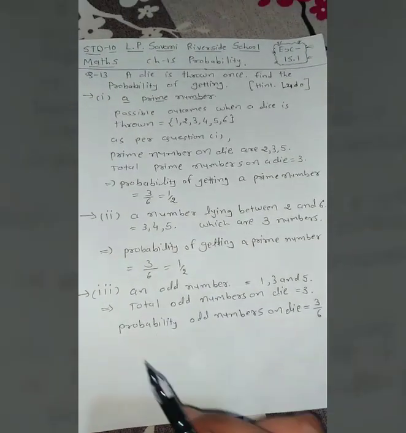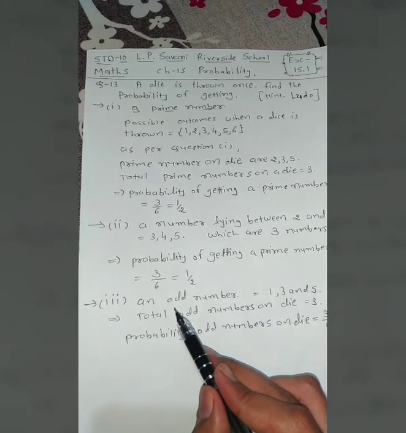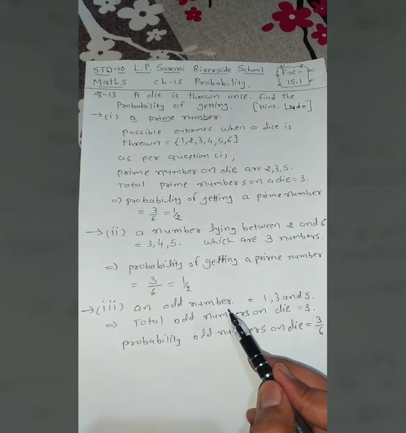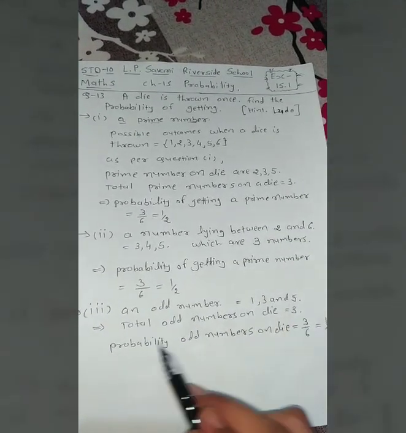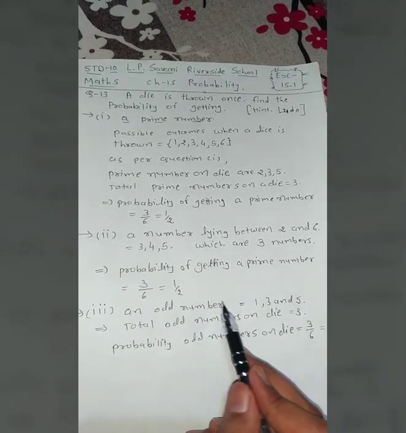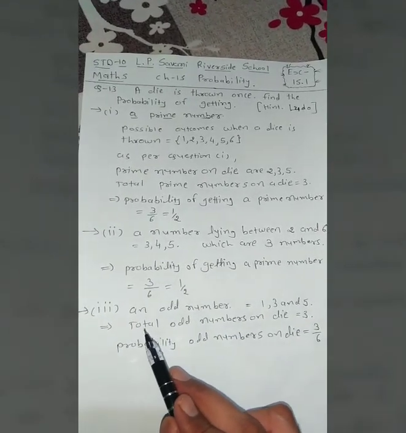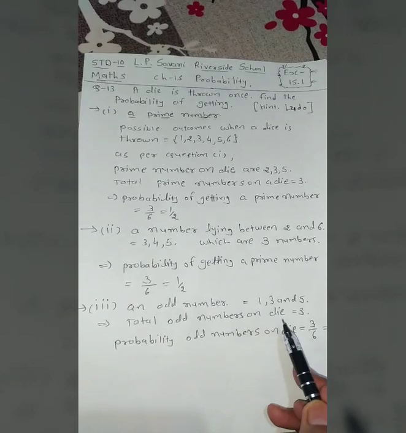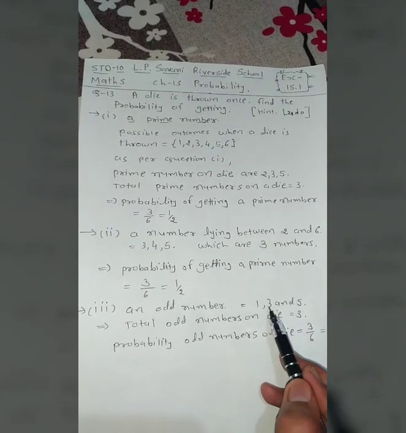Our third question is an odd number, which is 1, 3 and 5. The possibility of getting an odd number on the die. So the total number of odd numbers on the die is 3, which are 1, 3 and 5.